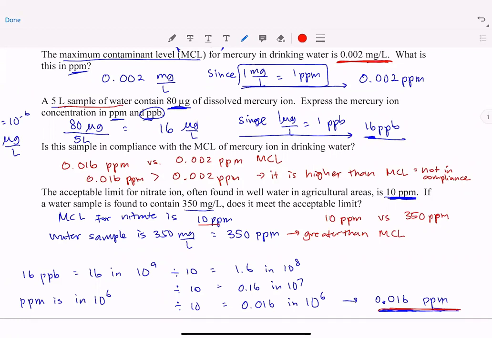So that means that this is not in compliance. You're looking at a water pollution issue there. Okay, sound good?